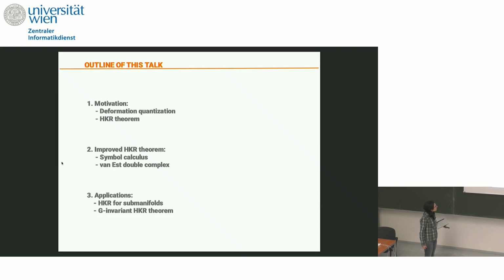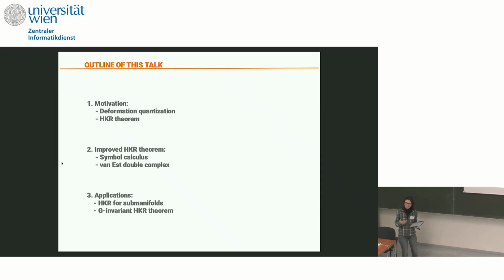And then, time permitting, I will go to applications. There are more applications, I just show you a couple of them just to give you the taste of how adaptable our proof is. So first, HKR for submanifolds, which is not really a new application.